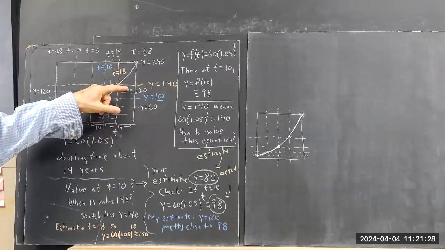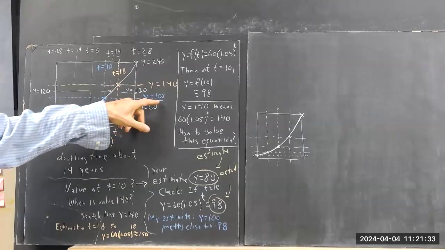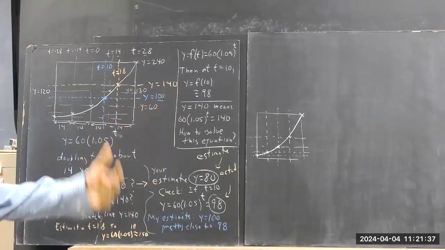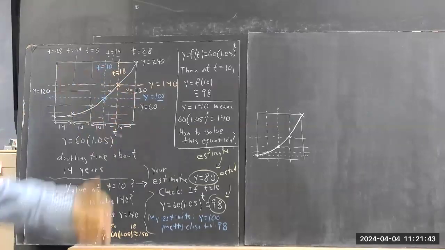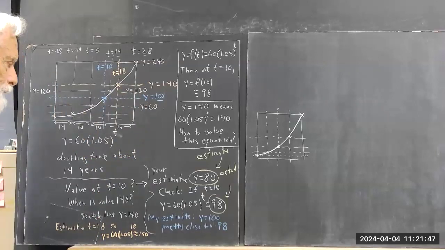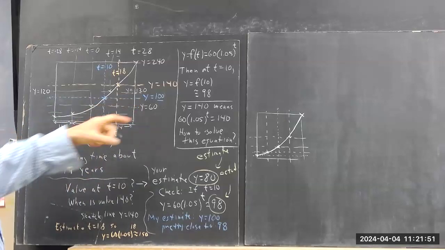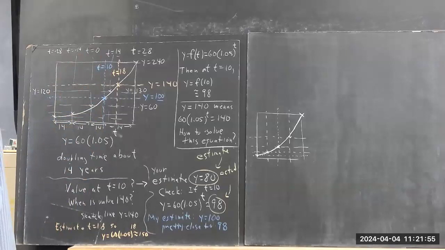This is closer to 120 than it is to 60. So I'd say y equals 90, maybe 100 here. So just to use round numbers, I've said 100. Could have said 90 just about as well. No, I couldn't have said 90. 90 would be halfway. So yeah, 100. We're going to do it to the nearest 10. That's what we're compelled to do. Okay. So I think y equals about 100 when t equals 10.